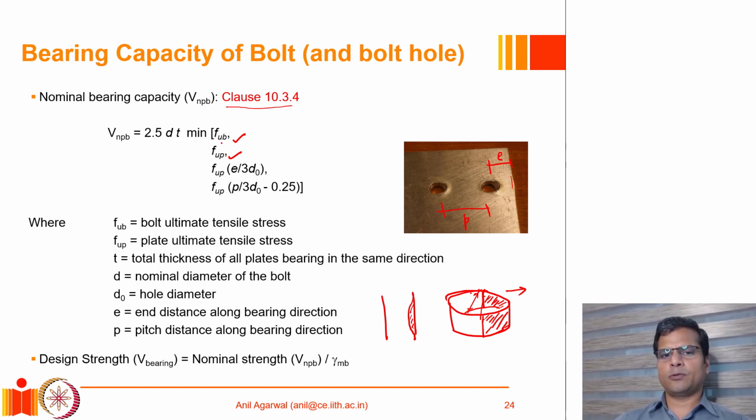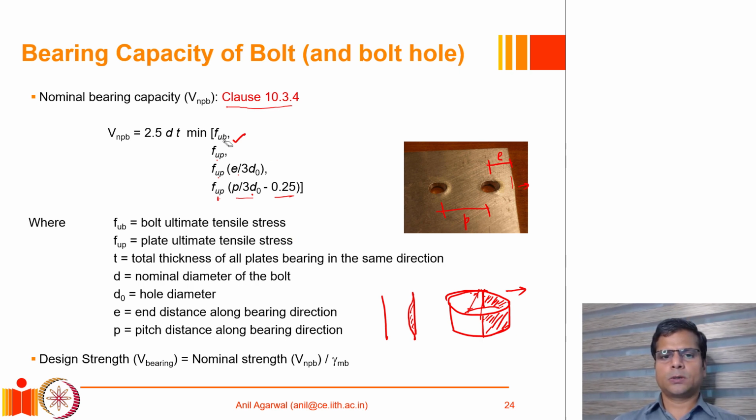So, instead of using fup, we would use fup multiplied by e divided by 3d0, which essentially means that if your e value is less than 3 times the hole diameter, then it will start reducing the bearing strength of the hole. Similarly, if the two holes are close together, then instead of using fup, we use fup multiplied by the pitch distance, that is the distance of the holes in the direction of the load, divided by 3d0. d0 is the hole diameter minus 0.25.